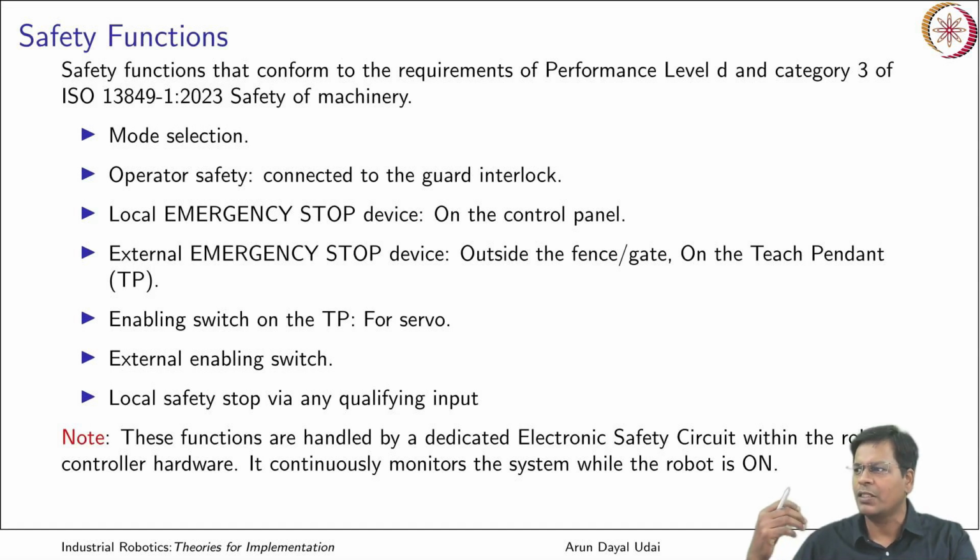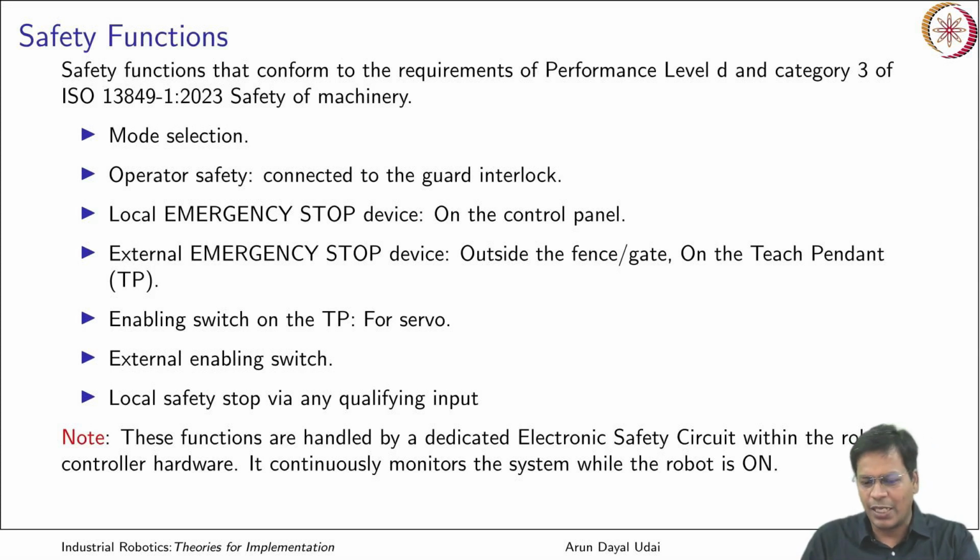It may be triggering any other safety in the environment. Maybe your conveyor has some problem, or a proximity switch has detected some failure in the conveyor. That input can also be fed to the robot, so that the robot also stops in sync with the conveyor.